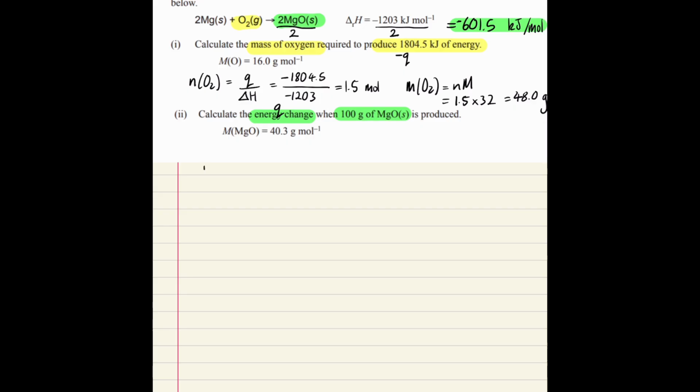So coming back to my question. Immediately what I can do is calculate the moles of magnesium oxide. And so moles is mass divided by molar mass. My mass is 100, molar mass is 40.3, and I get 2.48 mole.